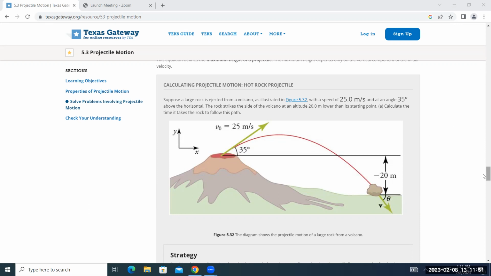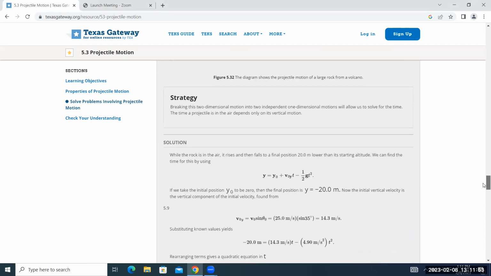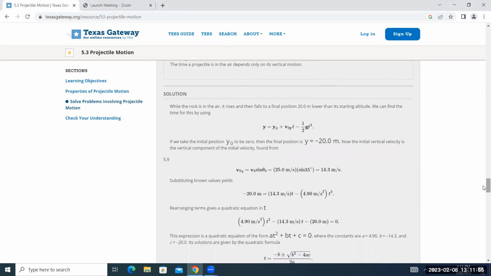So the way we're going to do that is by using our kinematics equations. The first thing we're going to set up is this equation here. Now, when I have given this to you before, I've either used X or I've used S. Sometimes I'll use D. Remember, it doesn't matter, as long as you are consistent and as long as you understand what you're measuring.